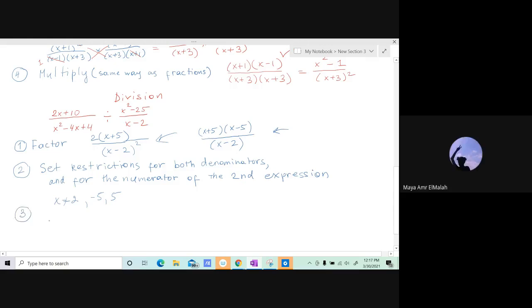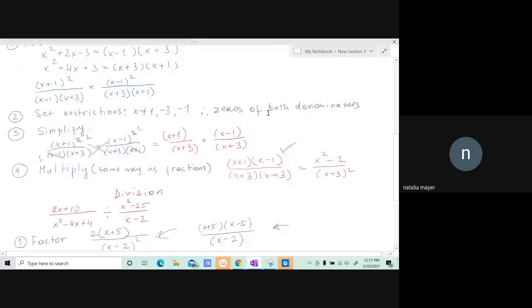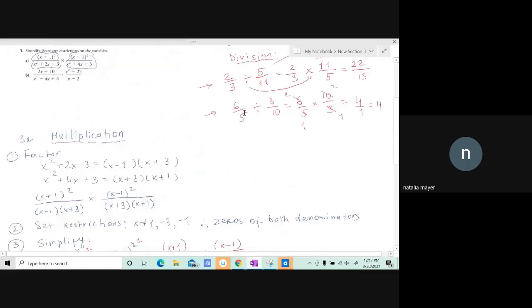Simplify. Okay, to simplify, you have to have multiplication between them. You remember I told you when you have a division of 2 fractions, like here, you cannot simplify across, because you can simplify only when they are multiplied.